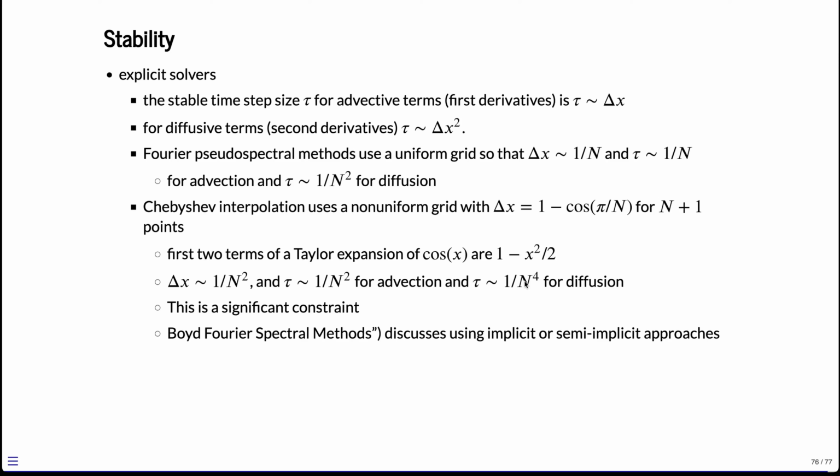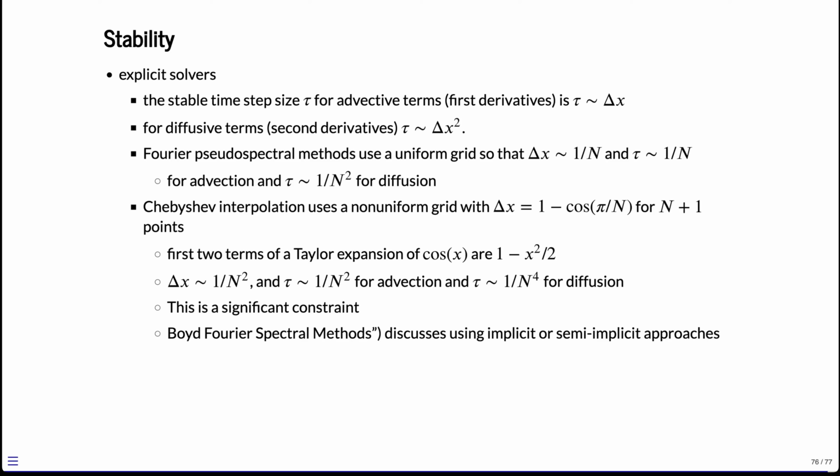So that's painful, because as you increase the number of grid points, your required time step size decreases by the 4th power. That's a big constraint and a major limitation of the method. It's workable. You can work through it.